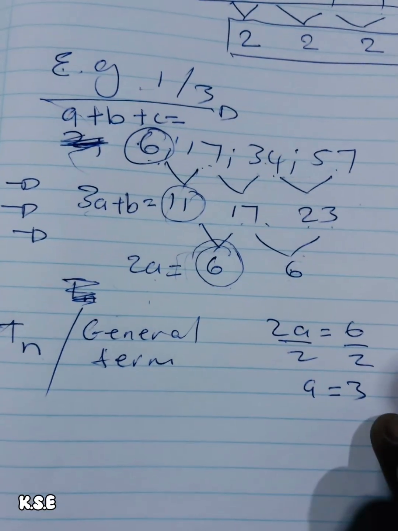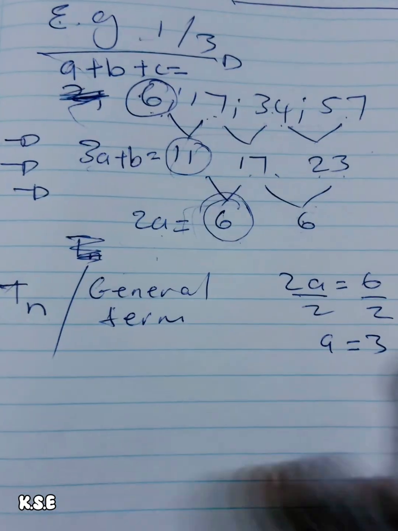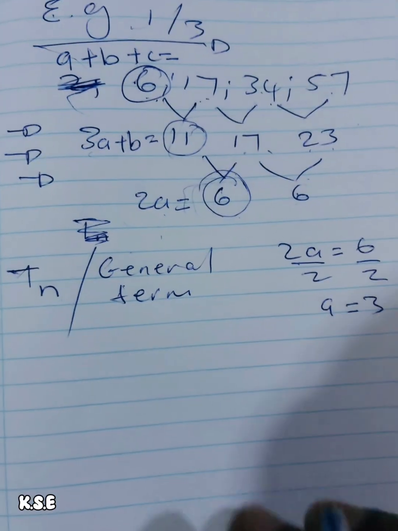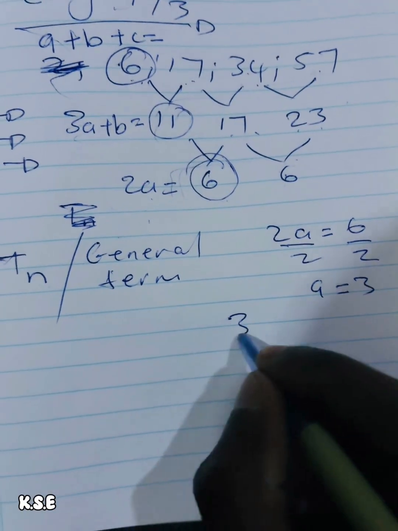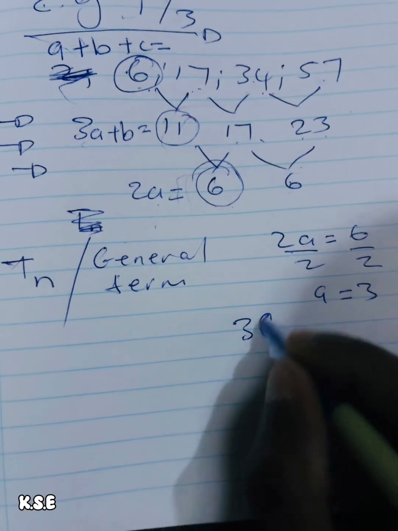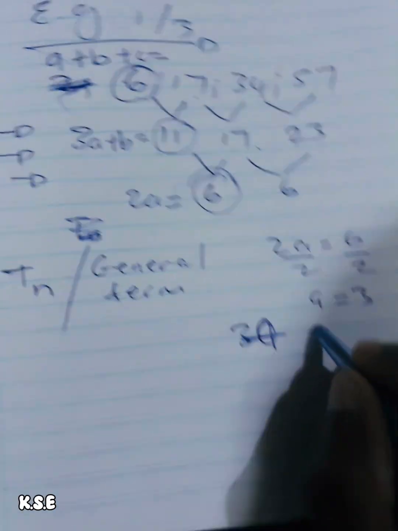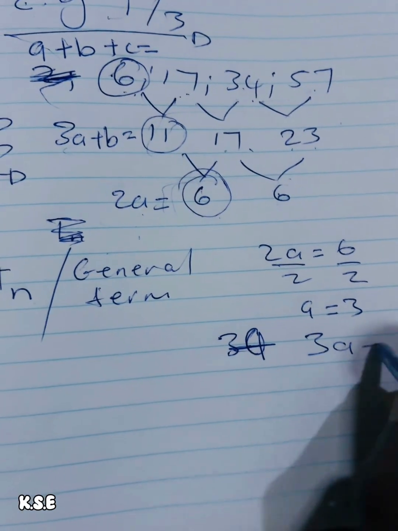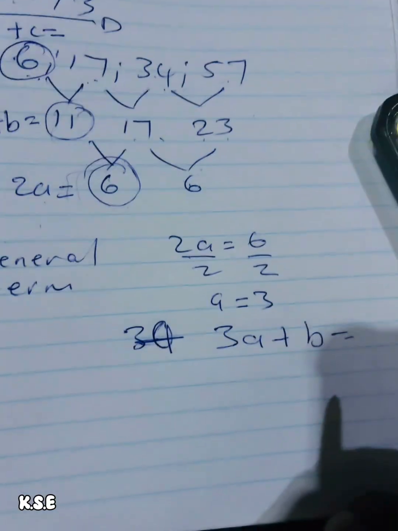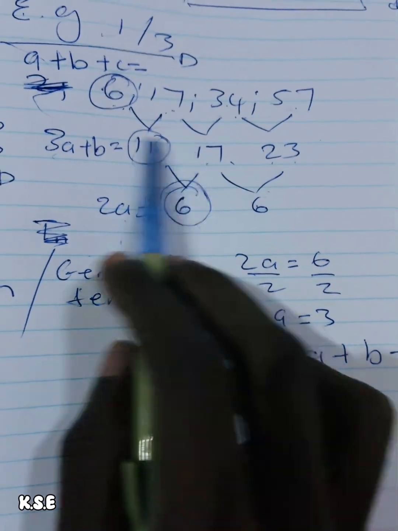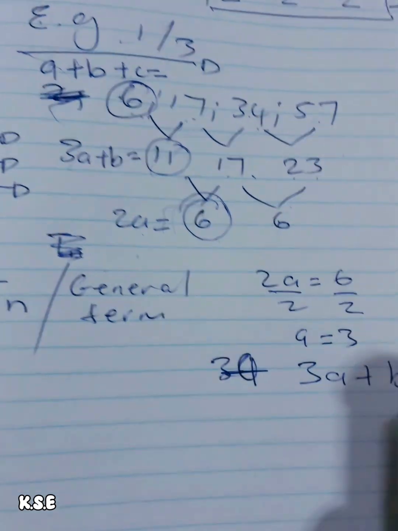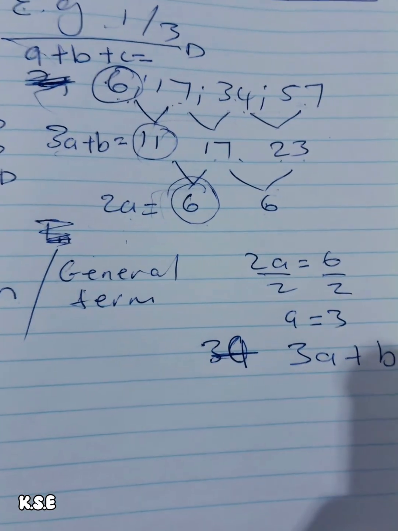So we got a. We come back to this: 3a plus b is equal to 11, which is the first term on the first difference.